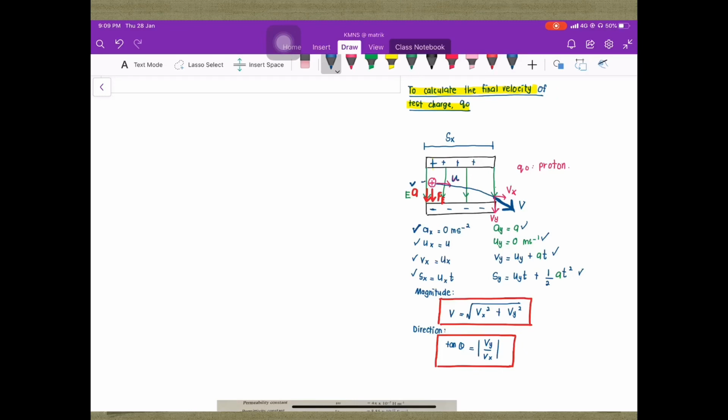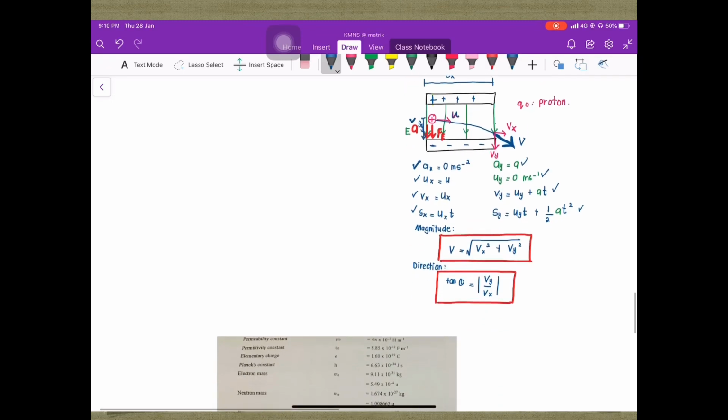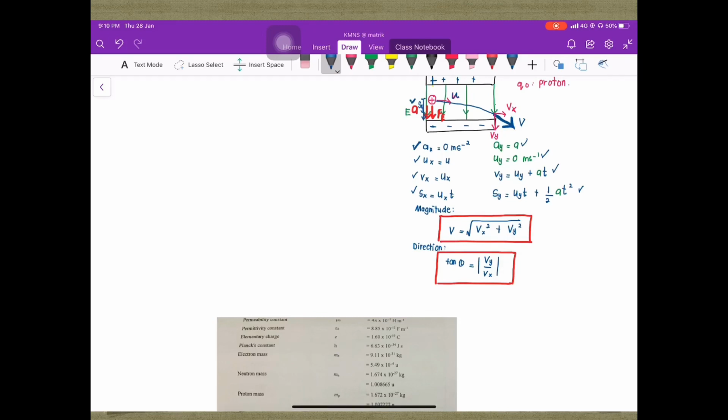From the starting point to the plates, this is sy. Then how to calculate the magnitude? This is the equation. And then we need to determine the direction.